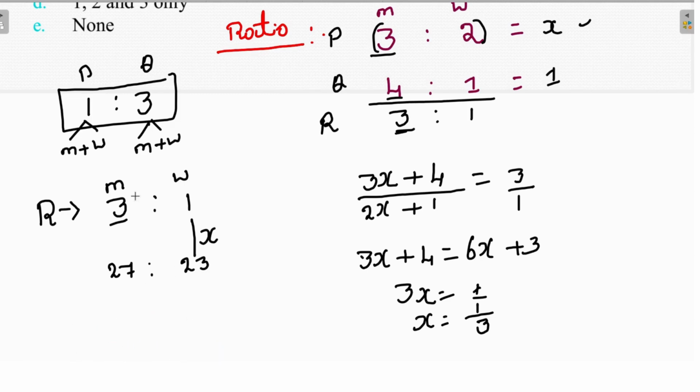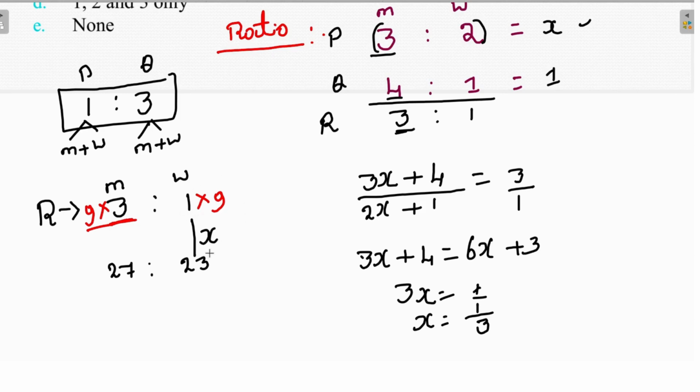Now, I already explained the ratio concept. If only one side is added or changed, the other side we have to make constant, so I will multiply this by 9. If I multiply one side, the other side I also have to multiply. Initially in vessel R we have 27 liter milk and 9 liter water.